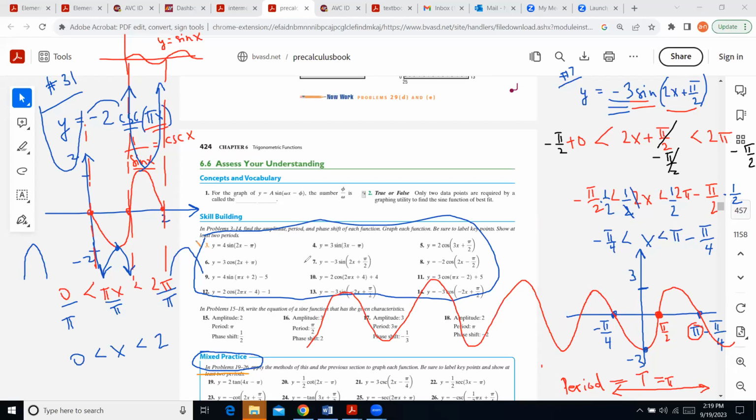So anyways, we just graphed the sine function, and the period is always positive, by how far you're moving to the left and to the right. So let's say from here to here, you add the period, which is pi, like that.